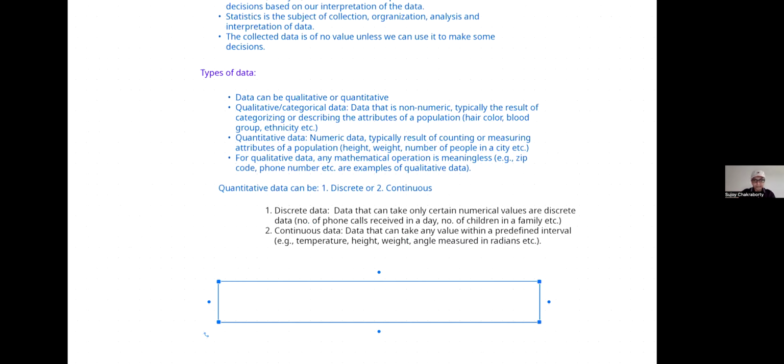So an attribute is a qualitative character of an individual or item that cannot be measured but can only be classified under different heads or categories.